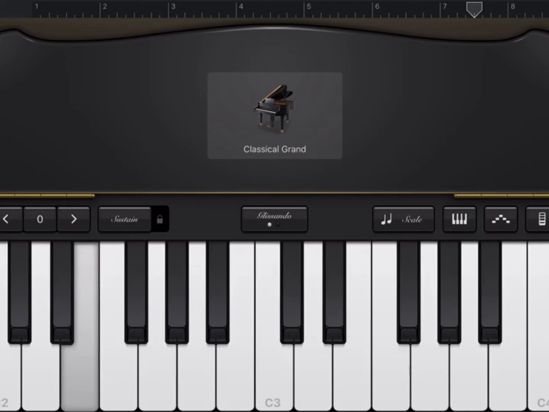What's the major third? That's our major triad. And then an E flat major triad. And finally, our A flat major triad.